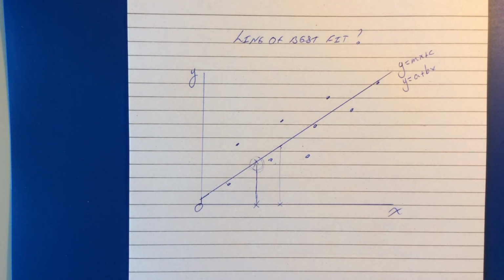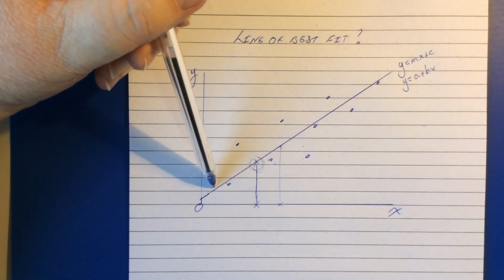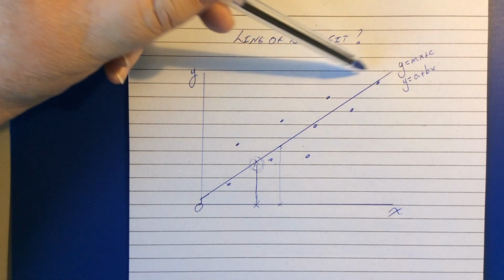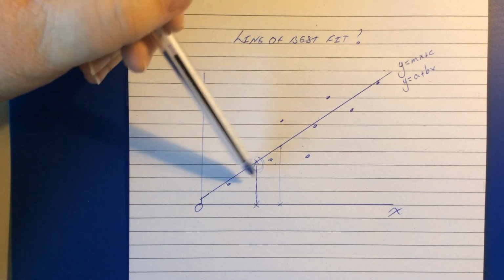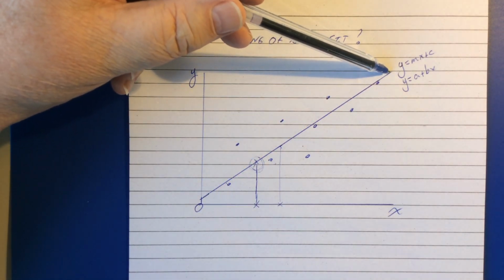Now, that's really all there is to it. The line of best fit is a line, just to repeat myself, which is designed to give you a way of explaining how this data is grouped and the direction that it's heading in.